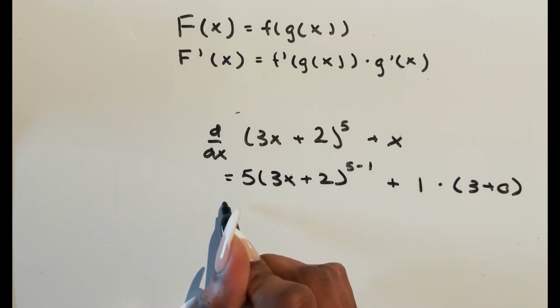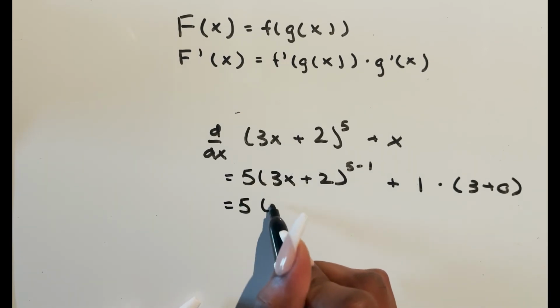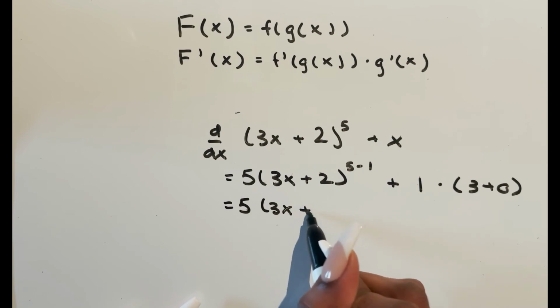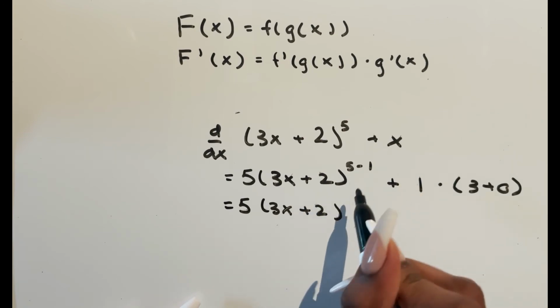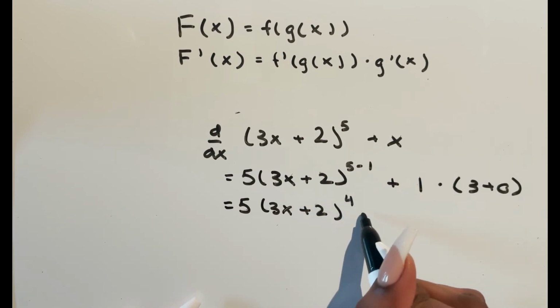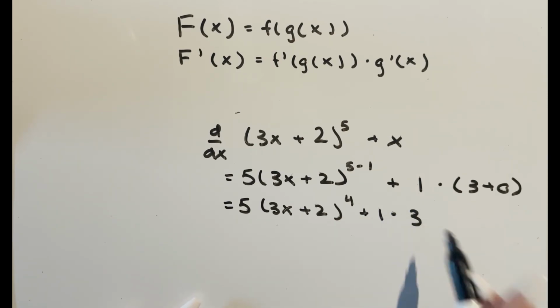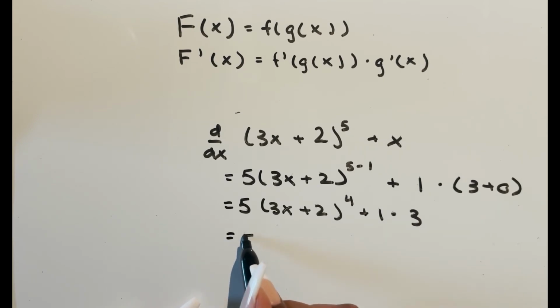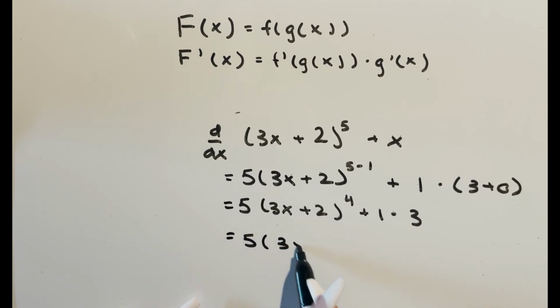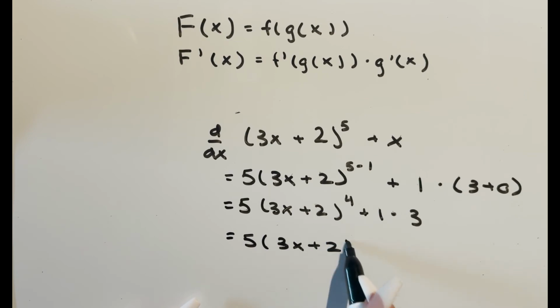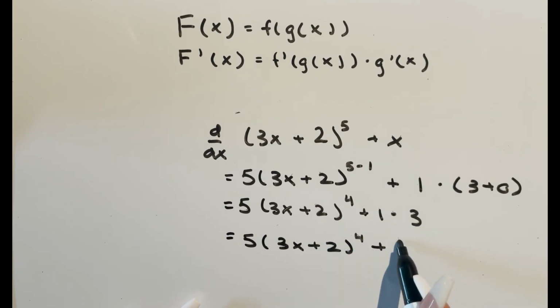Simplifying, we have 5 times (3x plus 2), 5 minus 1 equals 4, plus 1, times 3. Simplifying more, we have 5 times (3x plus 2) raised to 4 plus 1 times 3, which gives us 3.